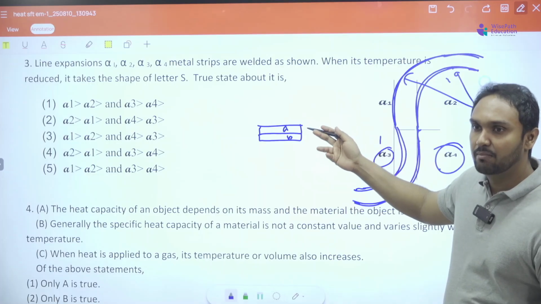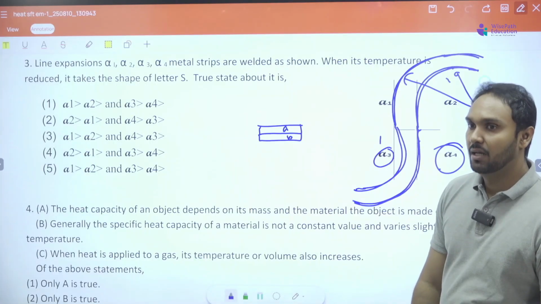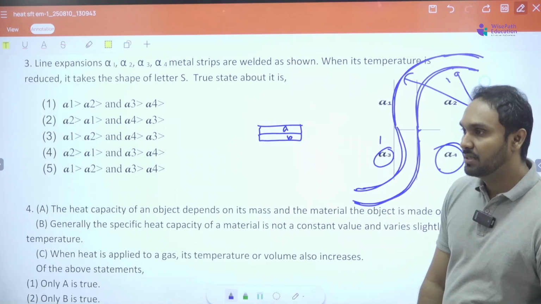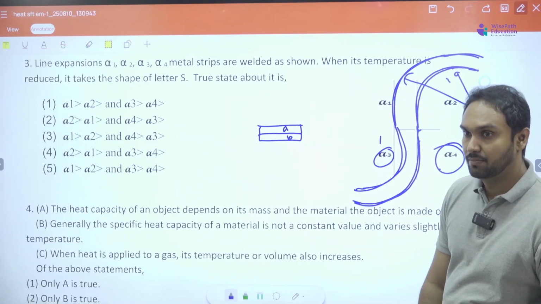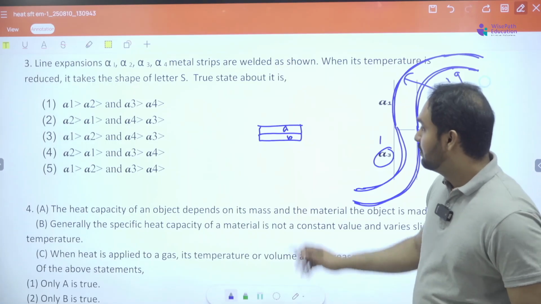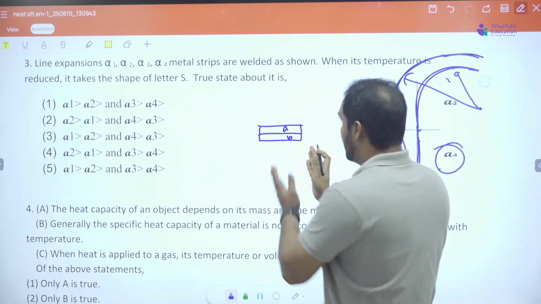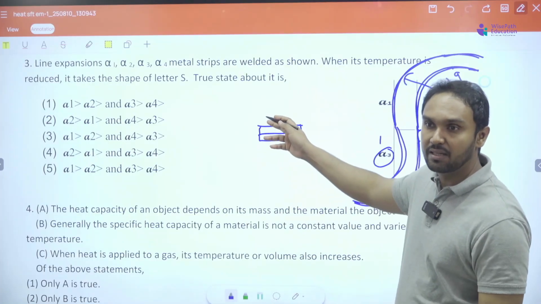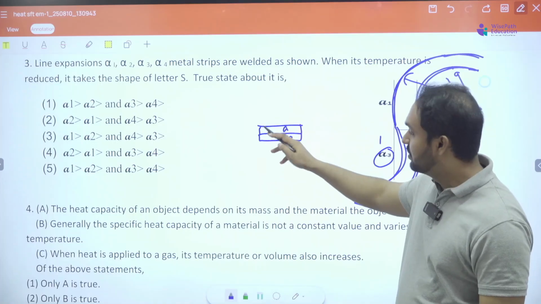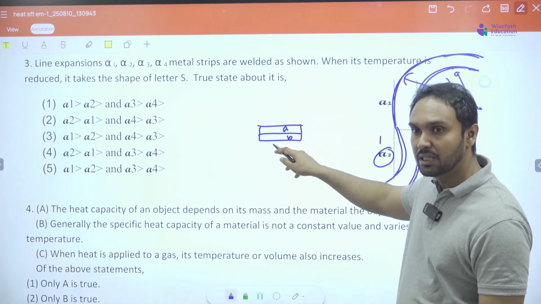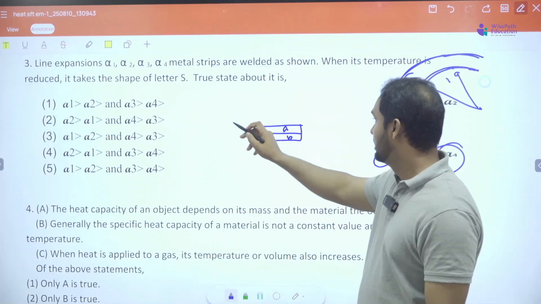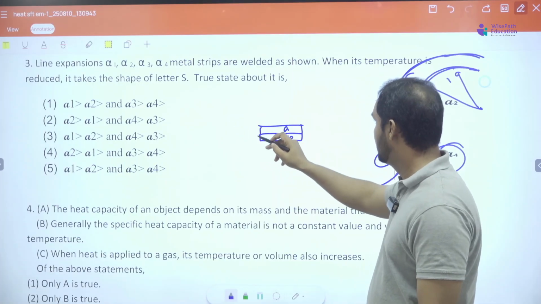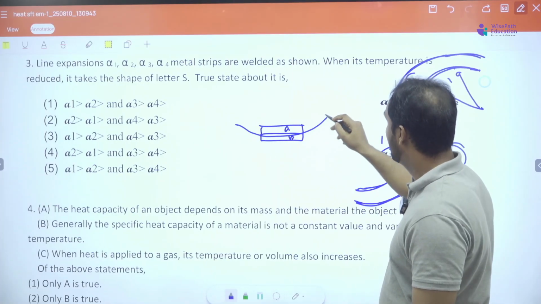I'm telling you B has a greater expansion than A. Towards which direction would it bend? Why would you say down? B has a greater expansion, which means this length will increase more and this length will increase less. So that makes B the outer circle. It bends like this, isn't it?